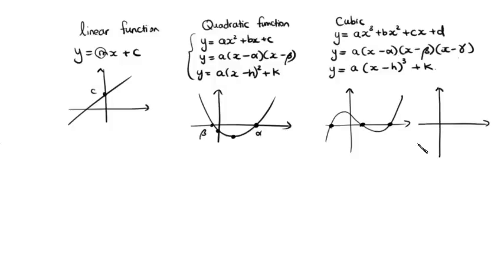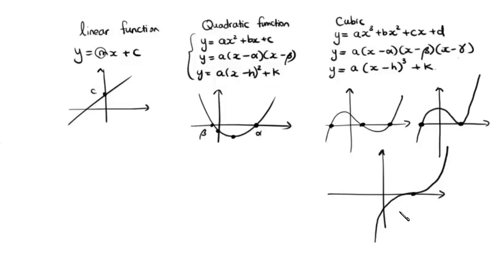I can draw another case where it has just 2 intercepts. So that's 1, that's 2. So it can also have just 1 intercept, like for example, right here. So it can go sort of like this. So that's still cubic though. Hold on.